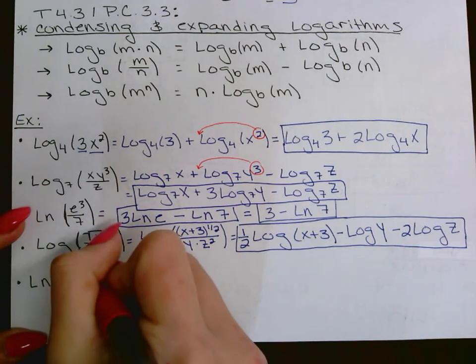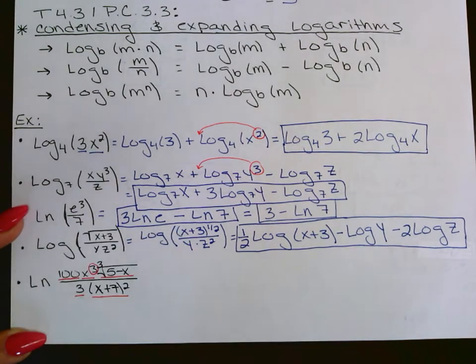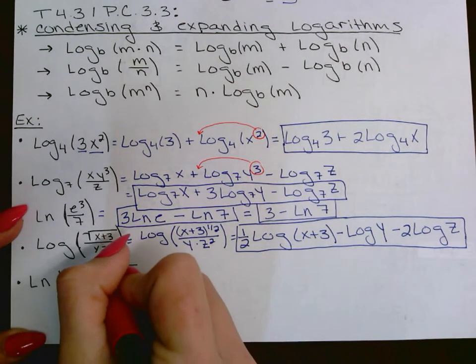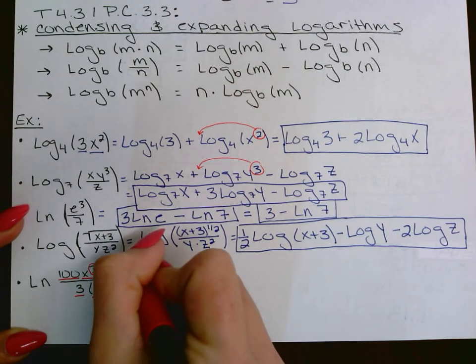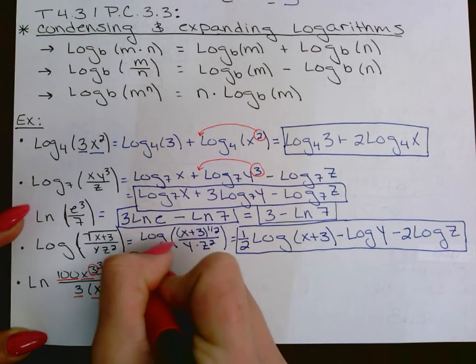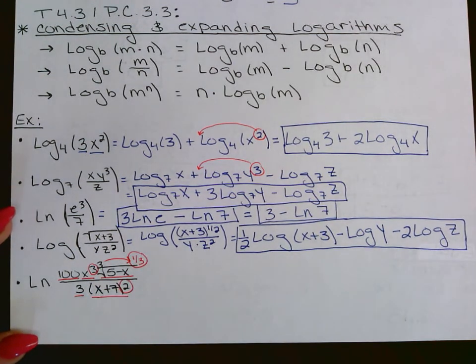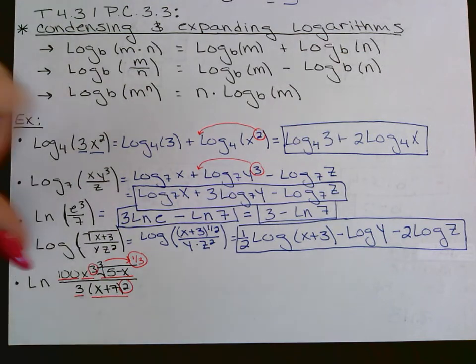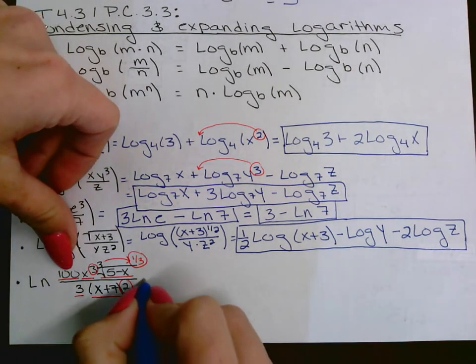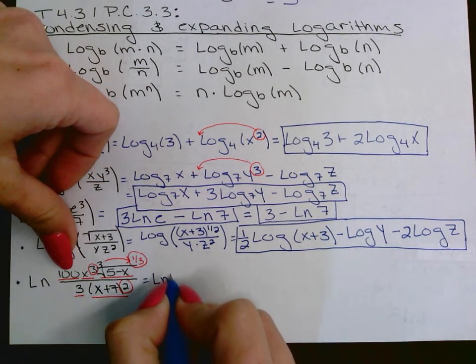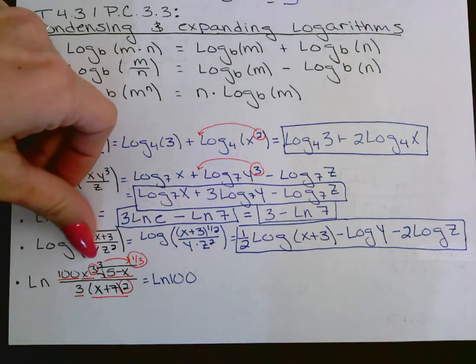I also have this cubed that's going to go in the front as an exponent. This cube root is like saying 1/3. That's going to go in the front as an exponent. And I also have the squared that's going to go in the front as an exponent. So, one at a time. First, a positive ln of 100.